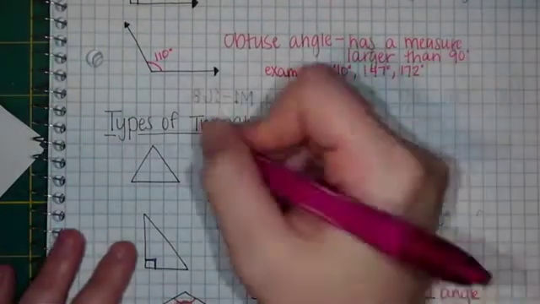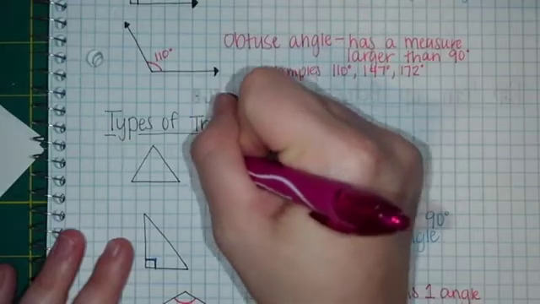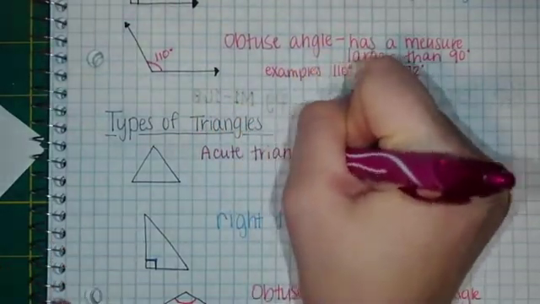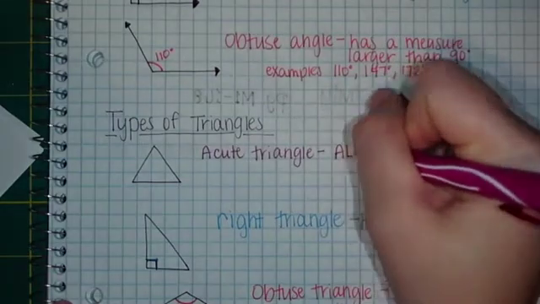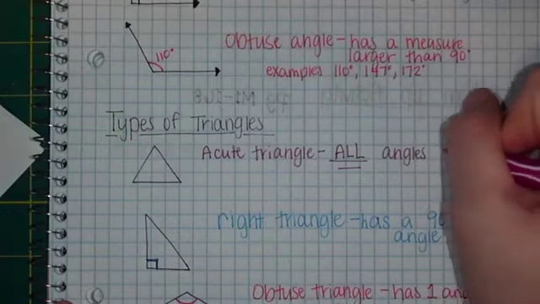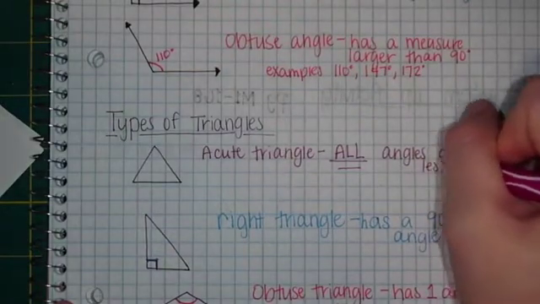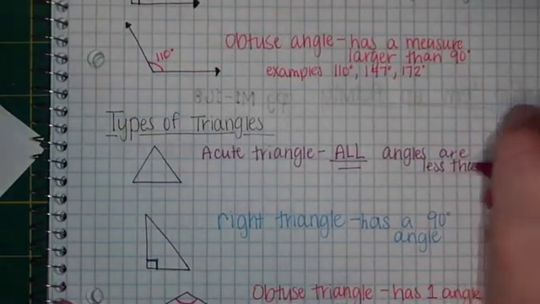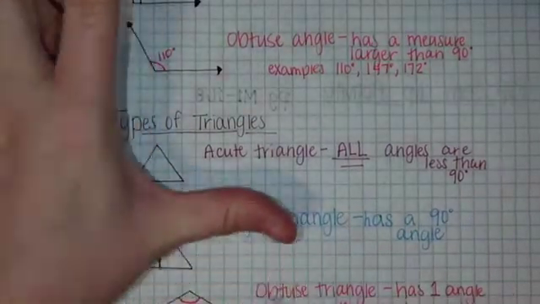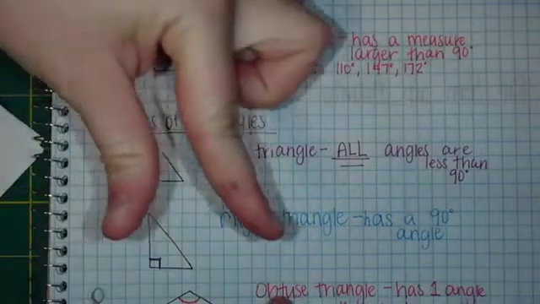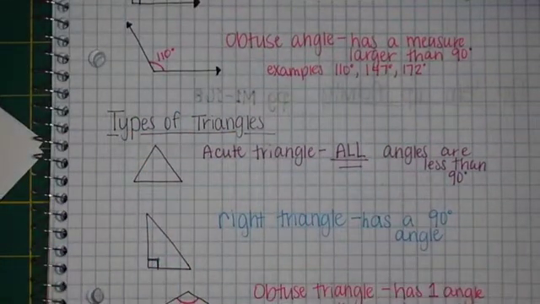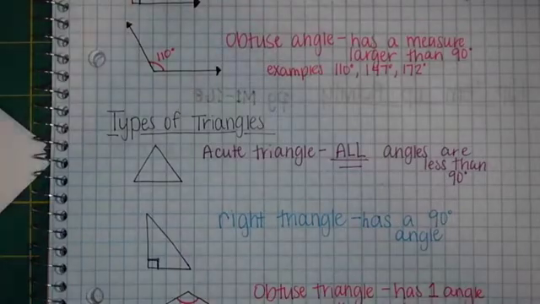And then acute triangle, all angles are less than 90 degrees. So you can see there is no L where it's like this. All of them are smaller than an L. Okay, let me turn my page so I can get the next thing that I needed.